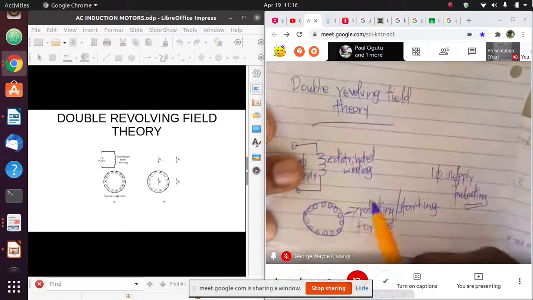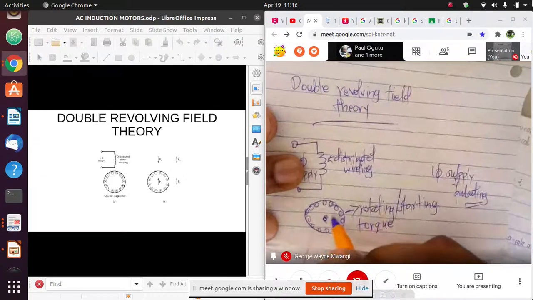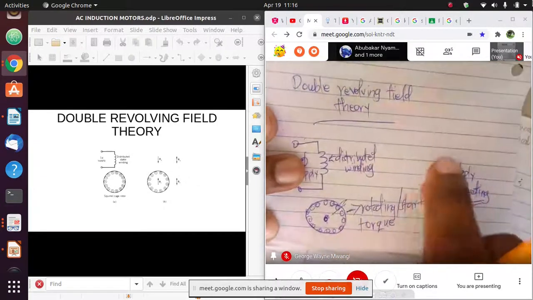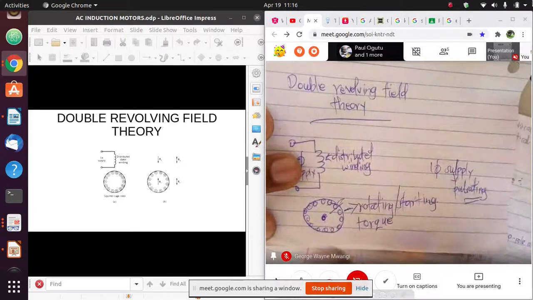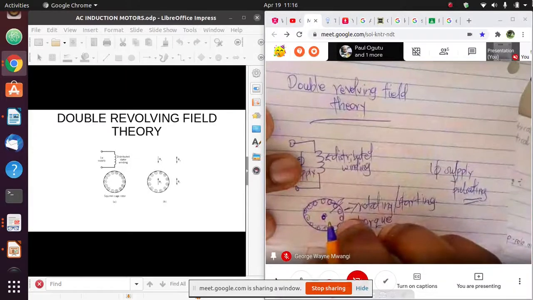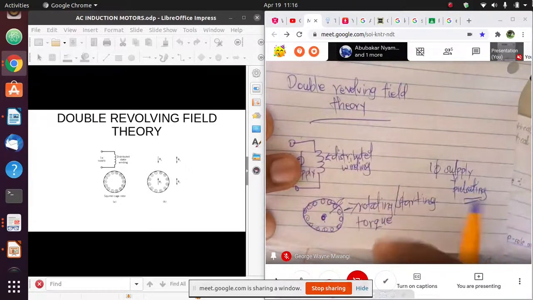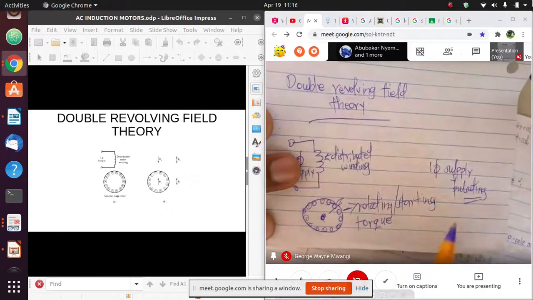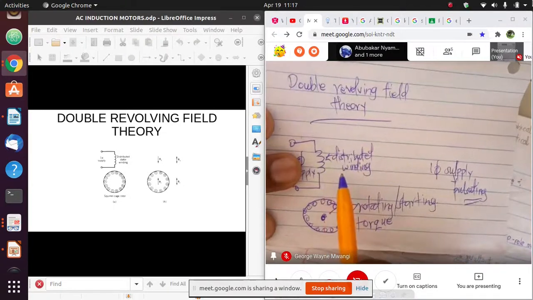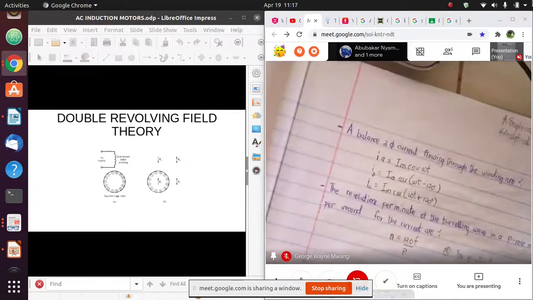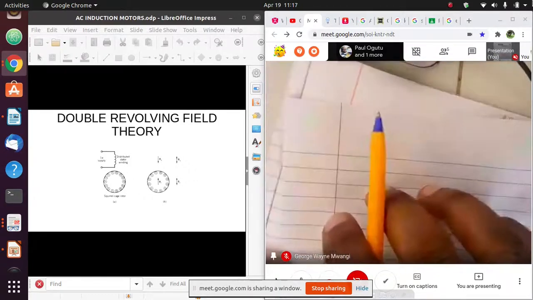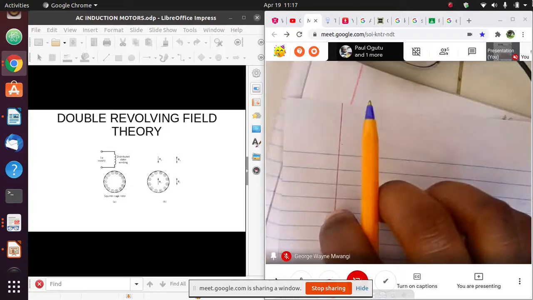But once you give this rotor a push, you can rotate it manually, or you can have other connections that will help it to start. So once you rotate it manually, or you connect it using other external connections, then it will be able to rotate. But initially, let us explain it when it is standing still, when it is not moving. The single phase supply will produce a pulsating flux, a pulsating magnetic field.